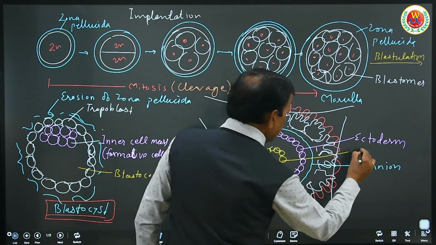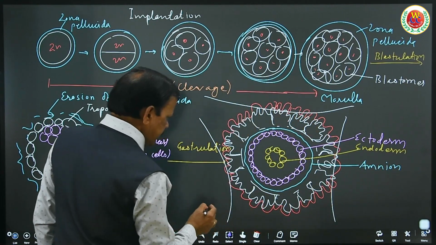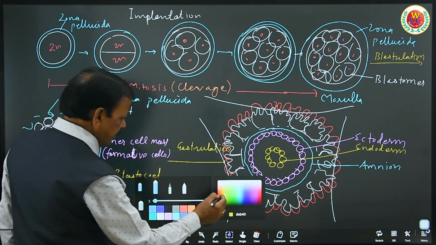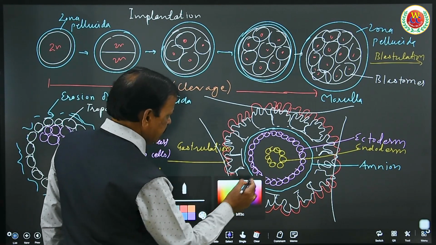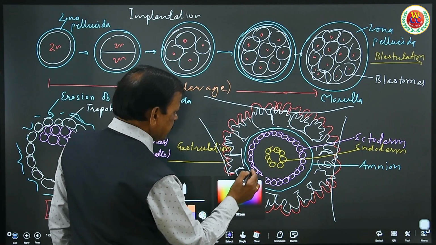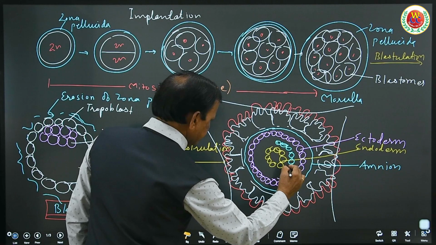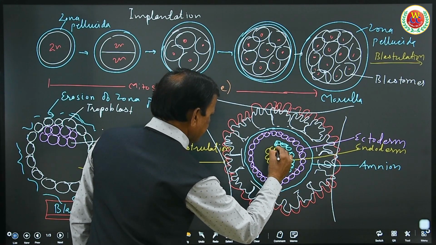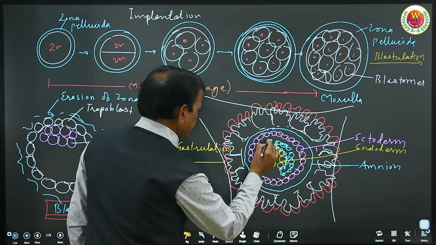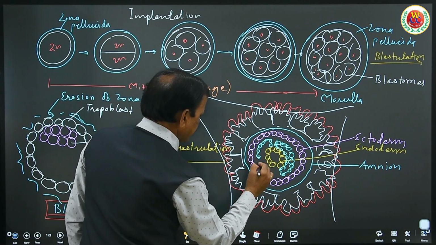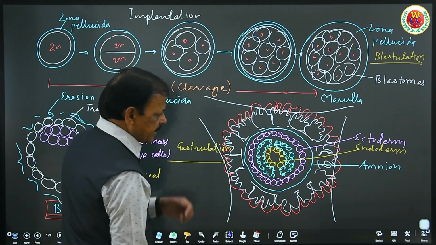This is the endoderm. And third, last, the mesoderm is produced. The mesoderm is with a mesodermal cavity, that is the coelom.